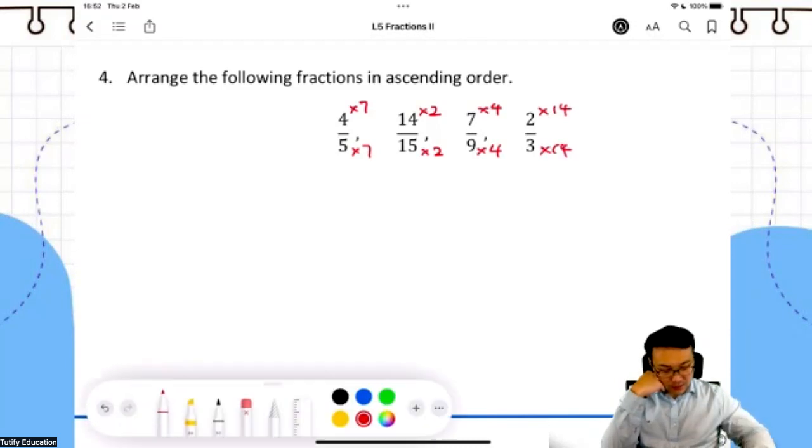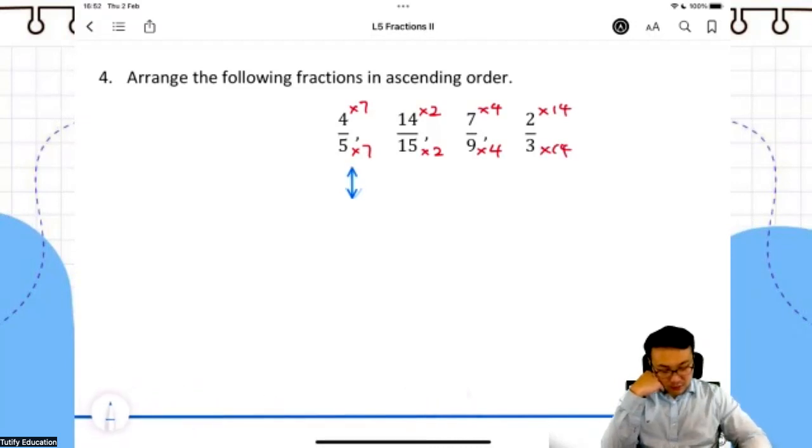Okay, so now all the numerators are going to be 28. So 28 over 35, 28 over 30, 28 over 36, and 28 over 42.